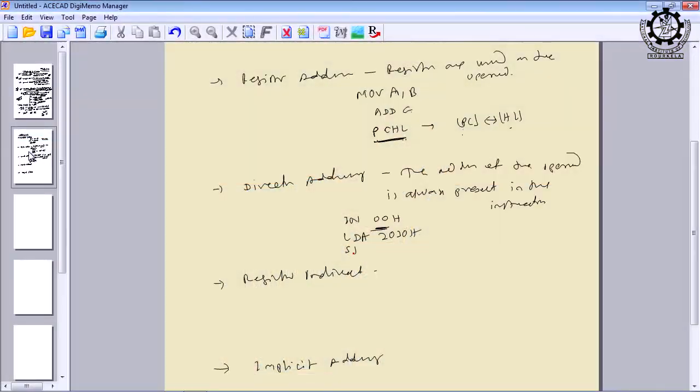Similarly, I can write another instruction, STA C050H, store accumulator. What is the meaning of this? And how will you pronounce it? Store the accumulator content into the memory location whose address is C050. Am I clear? STA: ST stands for store, A stands for accumulator. This is how you can easily remember the instruction.